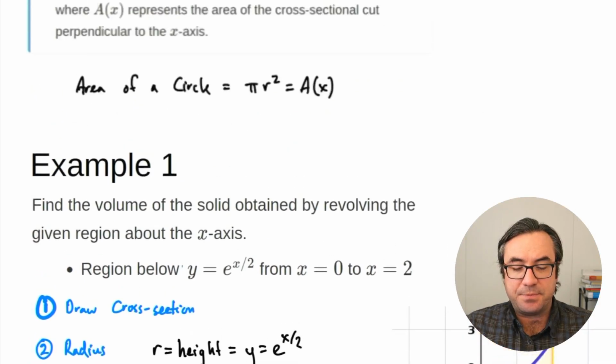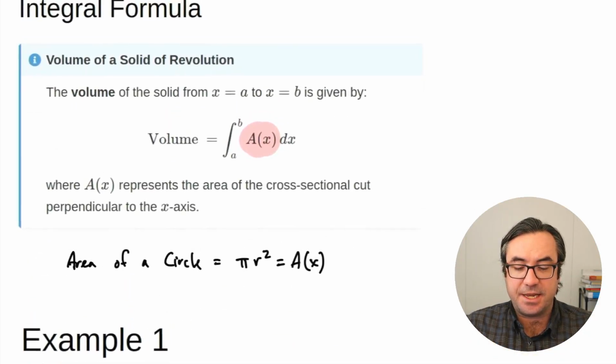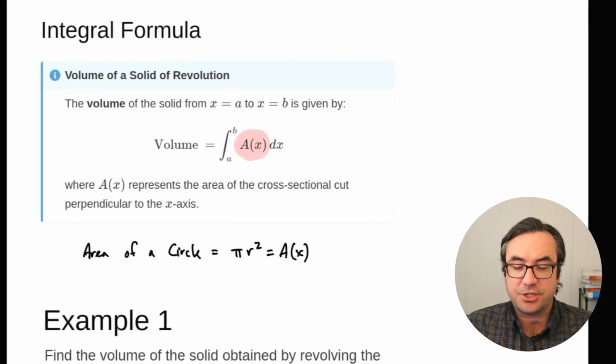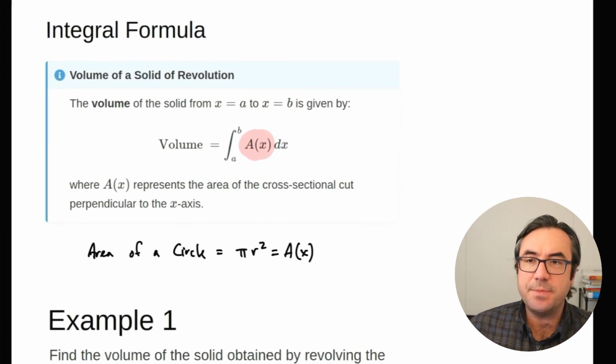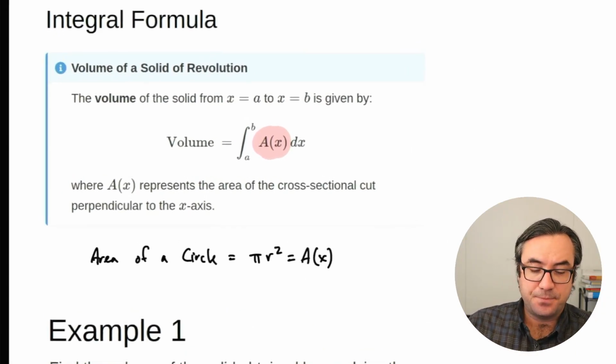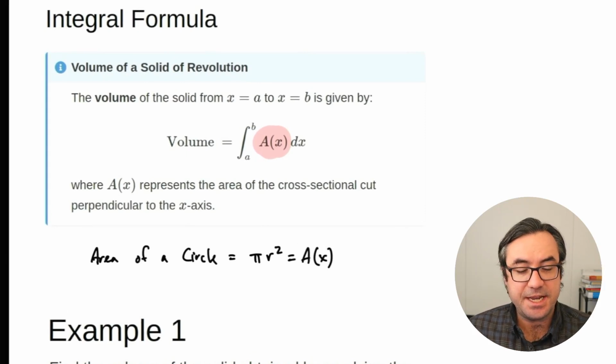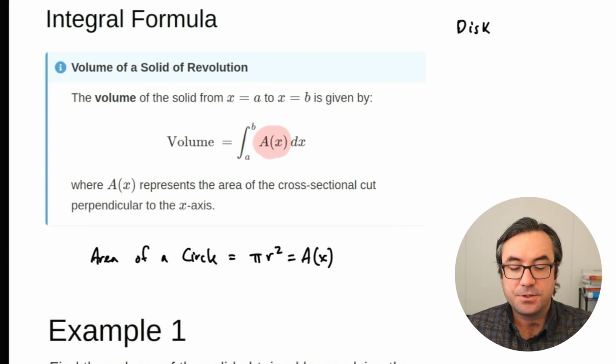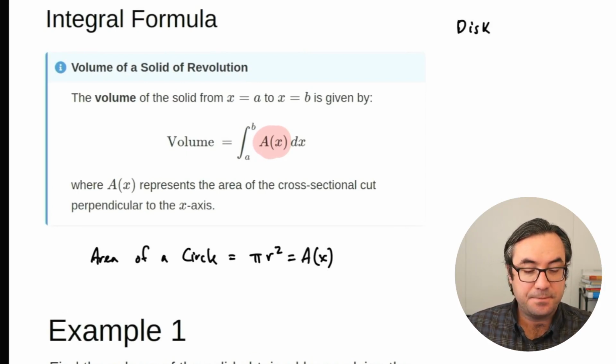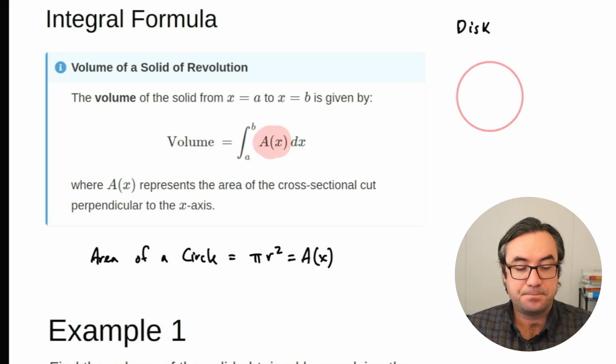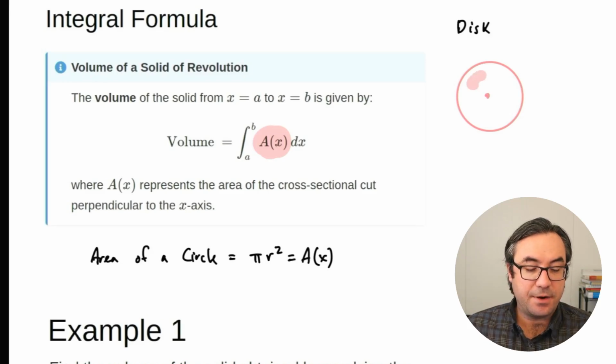So when you draw your cross section, there are really two shapes we're going to see. There's going to be the disk, and that's the example we just looked at. So when we have a disk, it's just a circle, and we're finding the area for that circle.